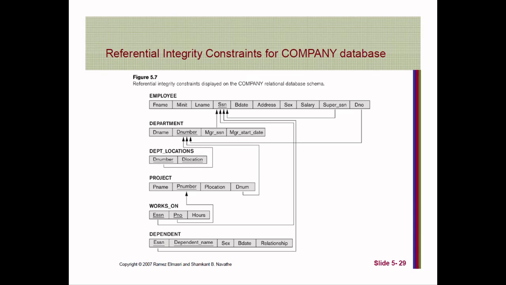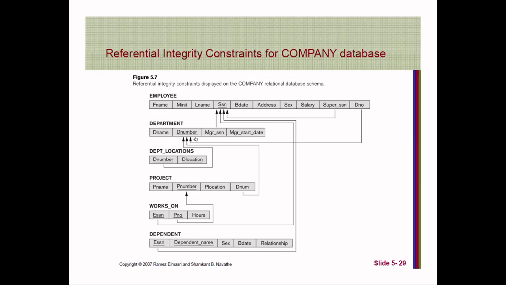Again, there are 3 ways for this to be handled. One is restrict or reject, meaning the update operation is not allowed because it's causing a violation. Another option is cascade. Cascade will do what? As you update the primary key from 5 to 50, the foreign key value of 5 is also changed from 5 to 50.